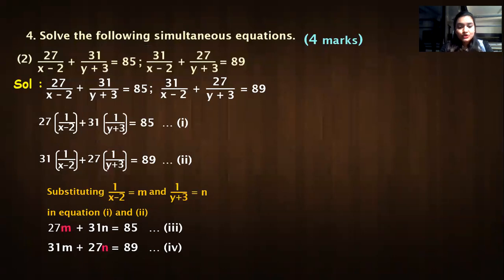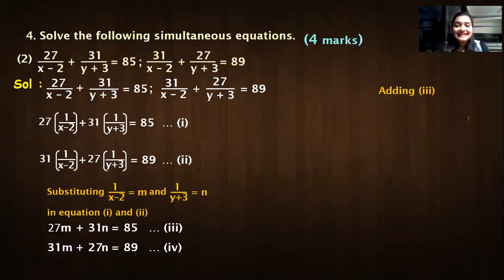Now guys, if you look at equation 3 and 4, diagonally the coefficients are same, 27, 27, 31, 31. And when diagonally the coefficients are same, you can solve the simultaneous equation by ASA method, that is add, subtract, add.